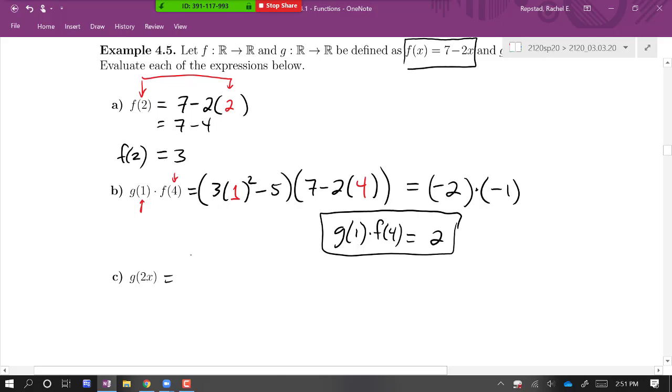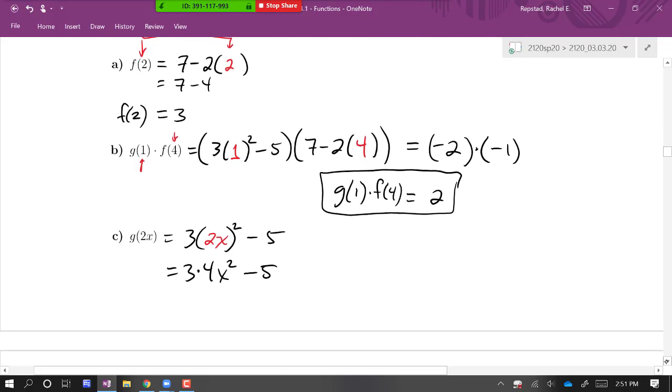Again, the g function is 3 times the square of the input minus 5. This time that input is 2x. 2x all squared is 2x times 2x, which is 4x squared. Now we've got 12x squared minus 5.